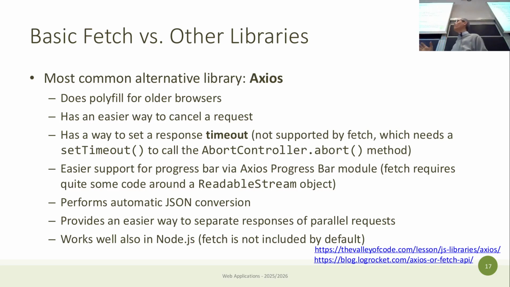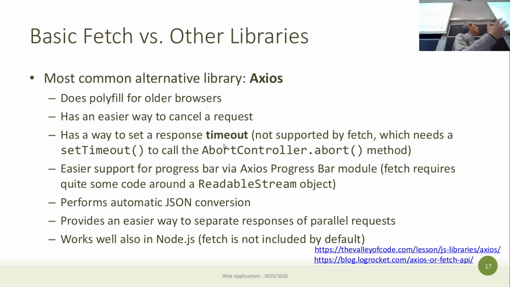For instance, the fetch has no easy way to interrupt the request. You made a request, you change your mind, you want to stop the request because you didn't get the answer from the server yet, or you're getting the answer, but you want to abort the operation. There is an object you can pass, but it's a quite complex mechanism. And some other libraries might give you better control on these aspects.